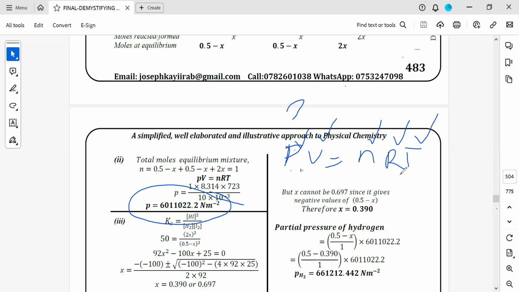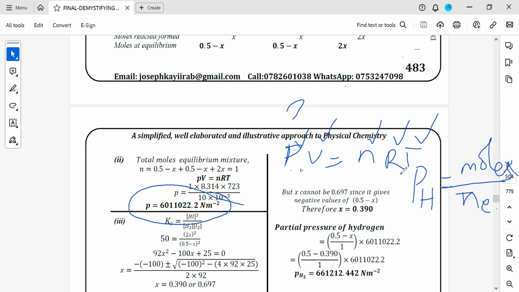Then they also ask for the partial pressure of hydrogen. So to get the partial pressure of hydrogen, of course, you're going to first find the value of X, because we said partial pressure of hydrogen is equal to the moles at equilibrium for hydrogen over the total number of moles at equilibrium, and then times the what?